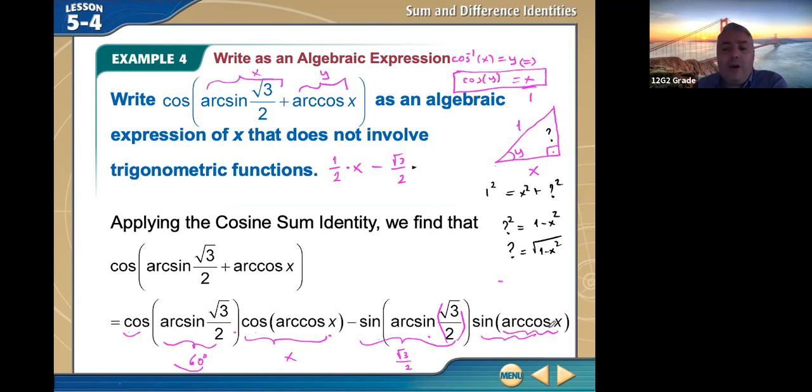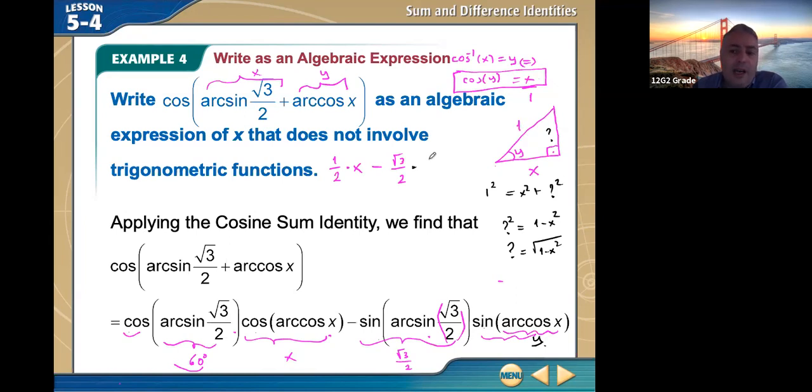So now, be careful, dear ladies. Arc cosine of x, we call y. So what is my original question here? Sine of y, isn't it? By looking at this figure, what is the sine of y? Opposite over hypotenuse.